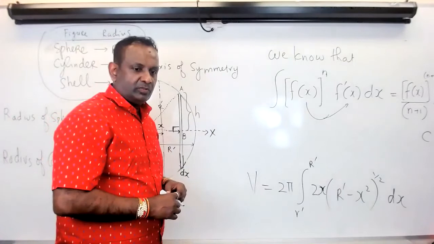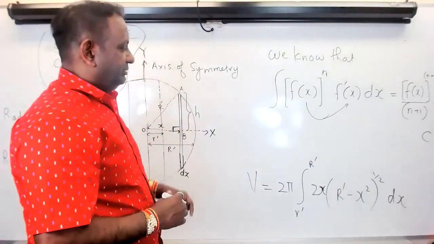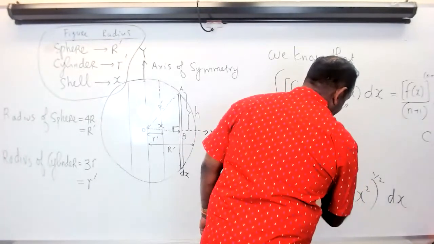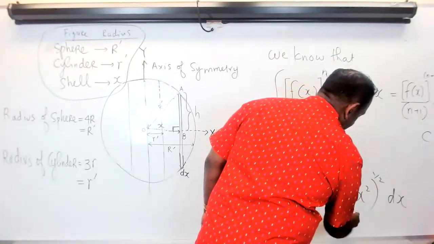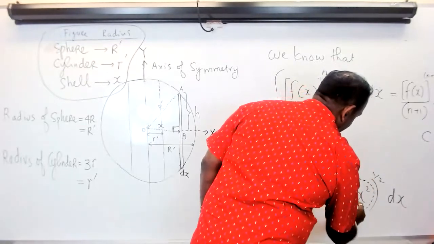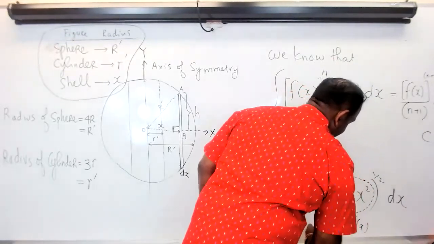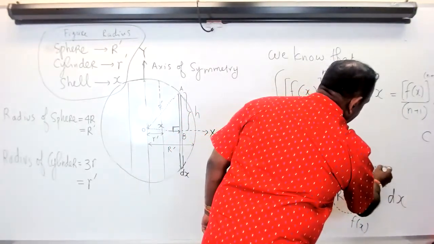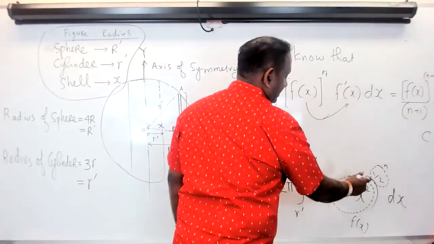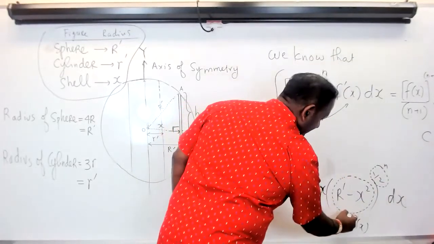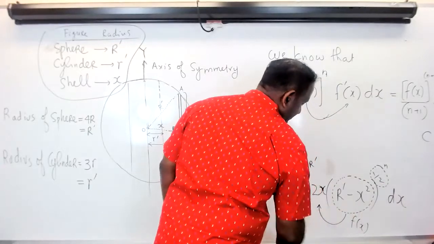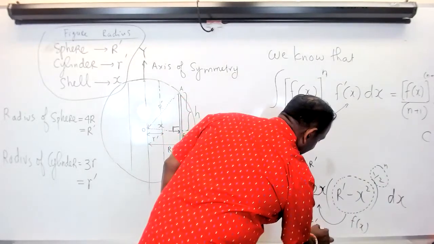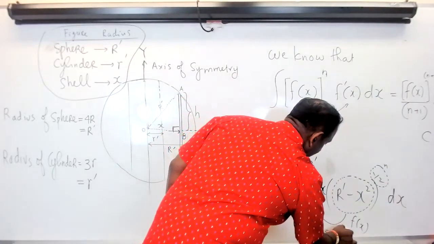Anyhow, this looks like your f of x, and this looks like your n. Check whether this guy's derivative is here. Yes, f prime of x is negative 2x, but we don't have that one.